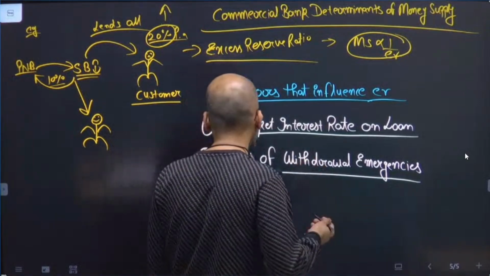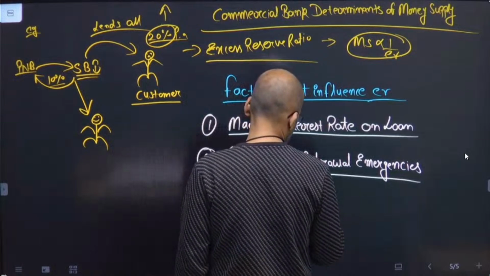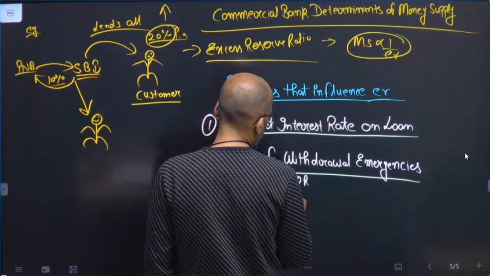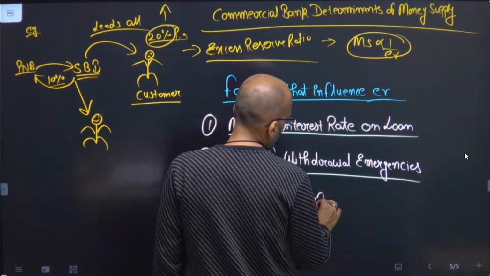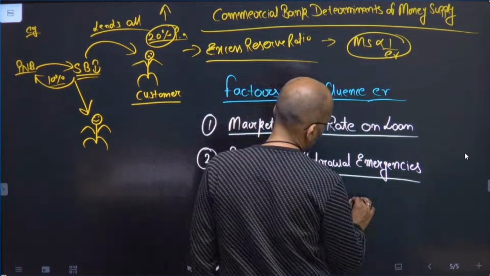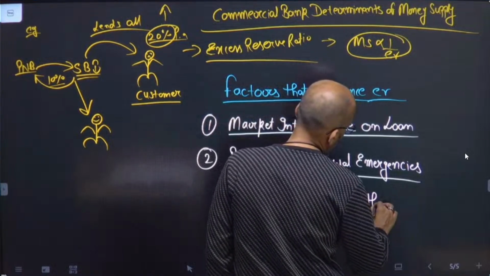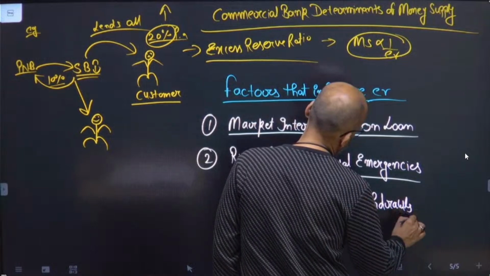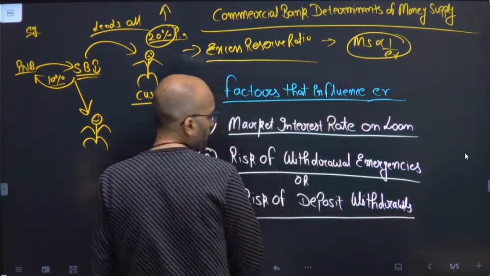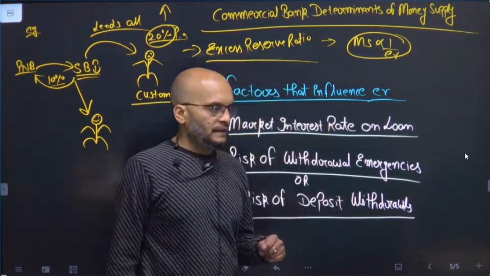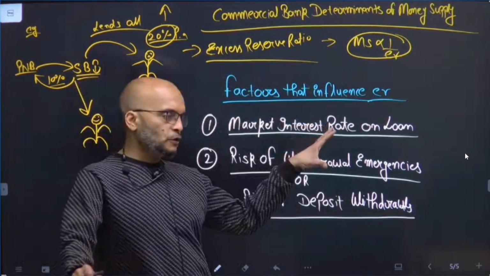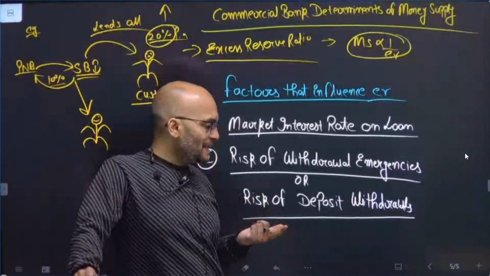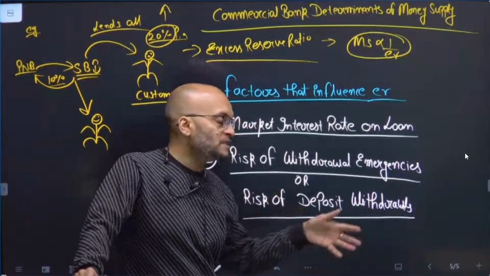It is also called risk of deposit withdrawals. What is the meaning of it? Guys, suppose SBI is located in some city A, and now in that city some pandemic spreads out, just like COVID.